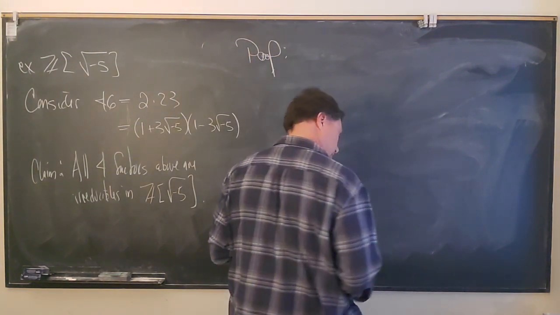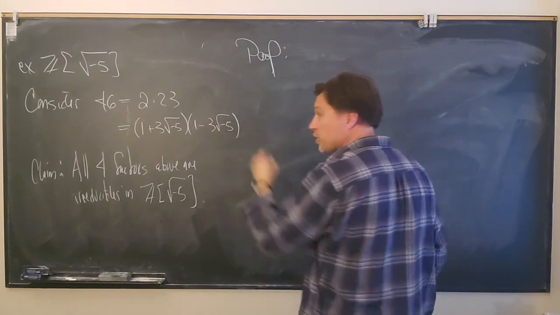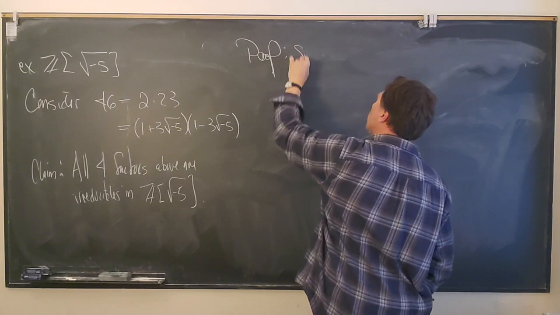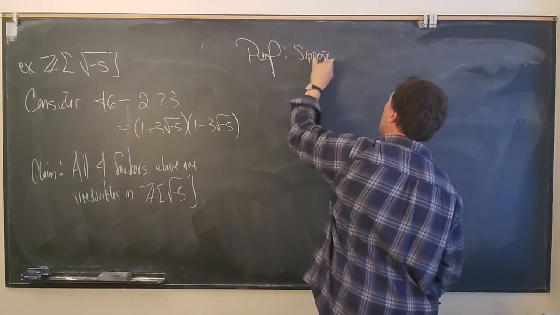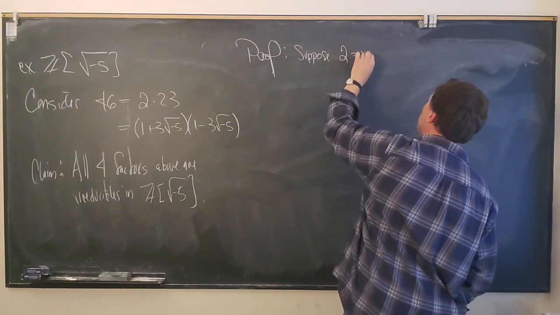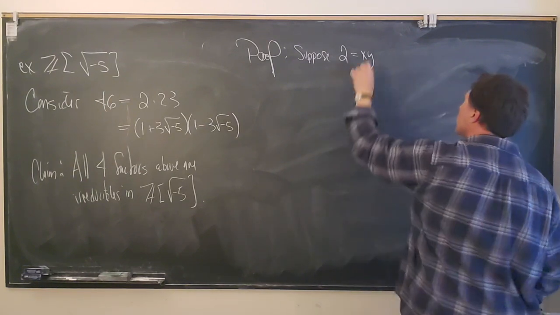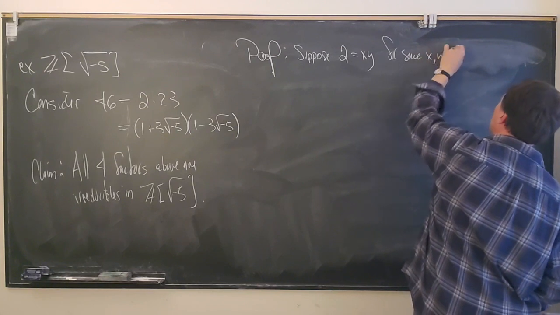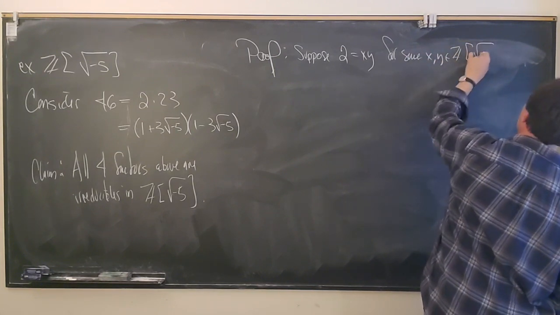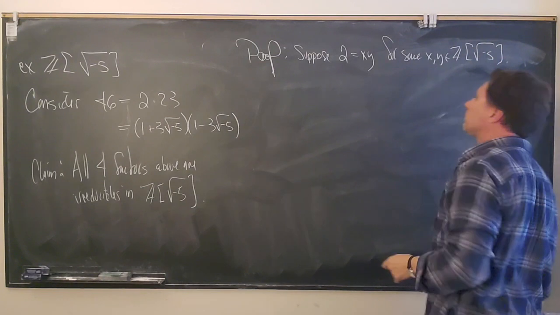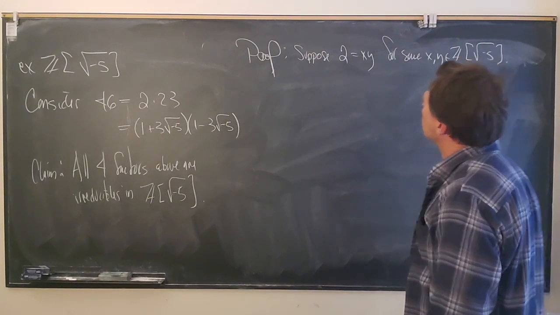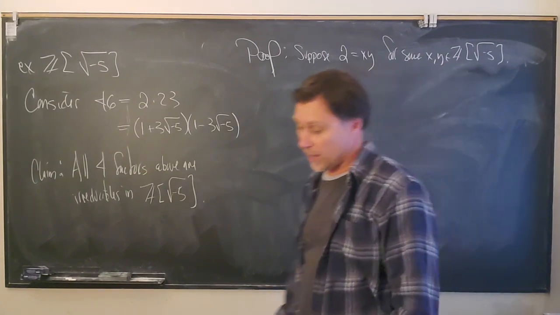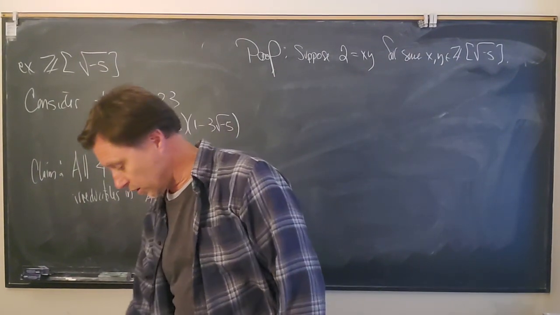And so for the proof, all right, let's look at 2 first and show that it's an irreducible. Suppose that 2 is equal to x times y for some x and y in Z bracket square root minus 5. What I need to do is show then that x is a unit or y is a unit. That'll allow us to conclude that 2 is an irreducible.